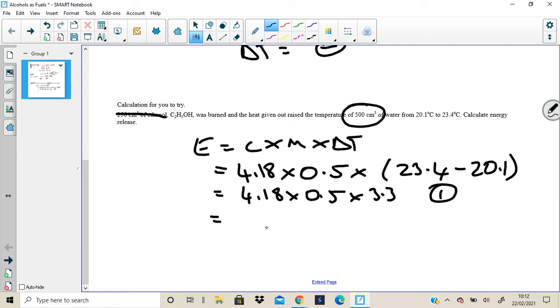Then actually do the multiplication. Let's quickly do that: it's 4.18 times 0.1 times 3.3, and then you end up with 6.897. It's got to be negative because it's an exothermic reaction. Don't worry about units. So you get a mark for the exothermic and you get a mark for that.